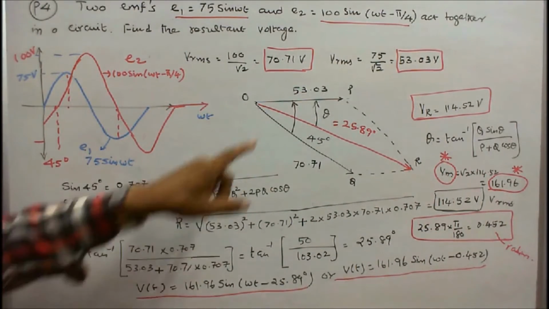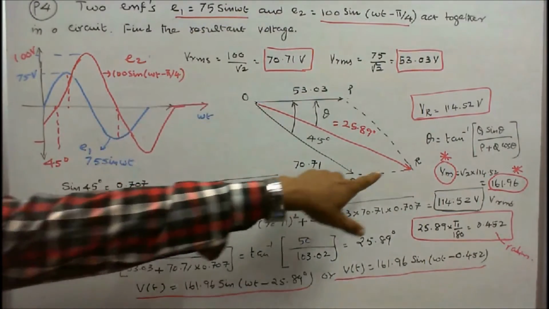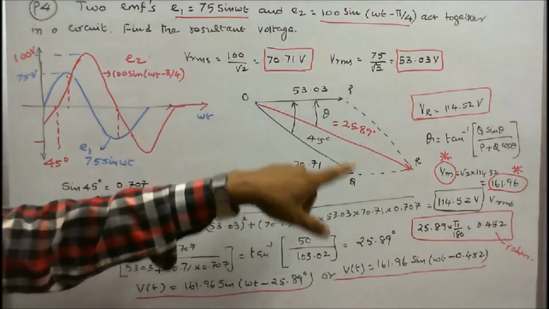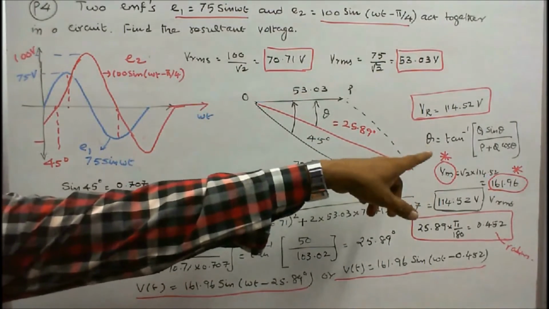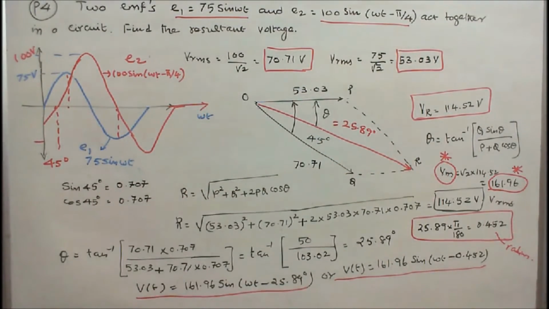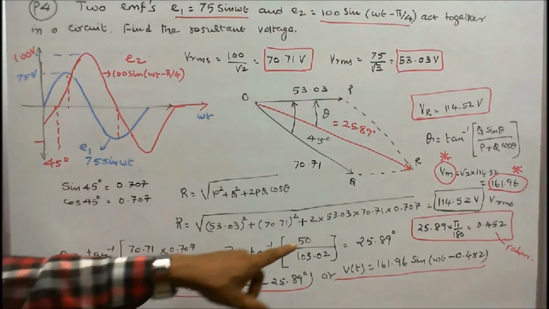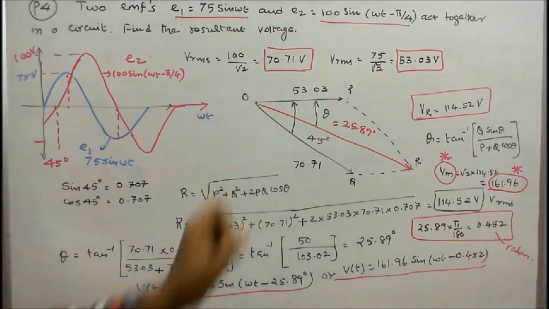I can find the theta, that is the angle between VR and P. The theta is equal to tan inverse of Q sin theta divided by P plus Q cos theta. So theta is equal to tan inverse of 70.71 into 0.707 divided by 53.03 plus 70.71 into 0.707, that is equal to 25.89 degrees.